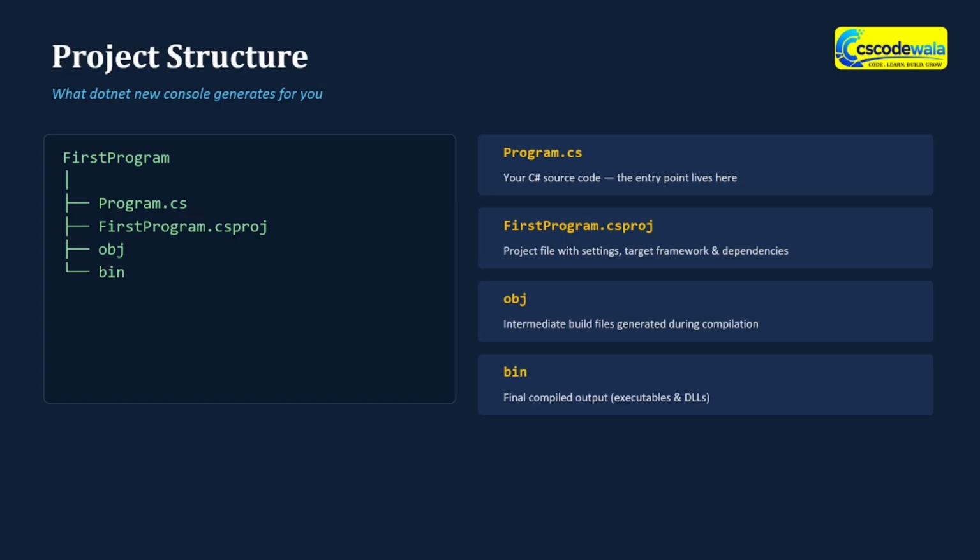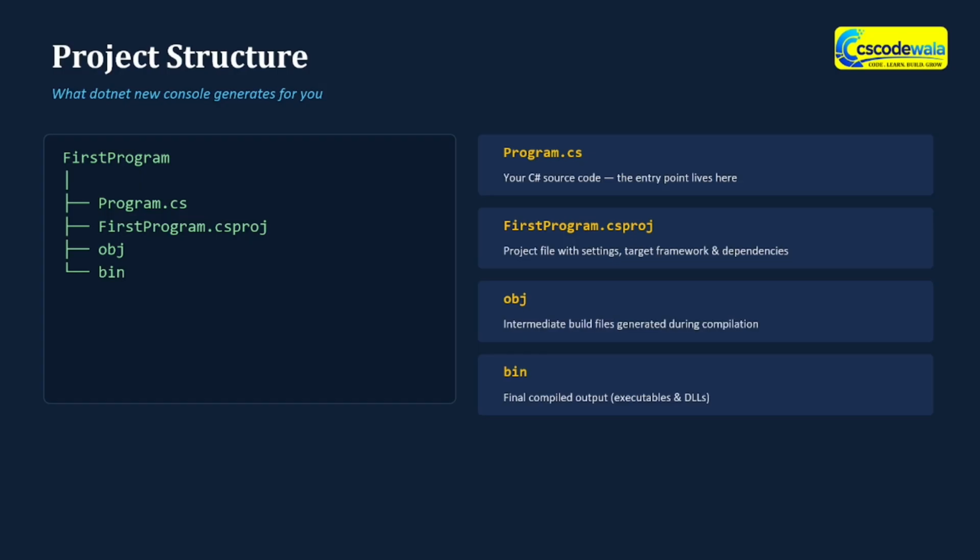So again we repeat it, the first file is Program.cs. This is where you will write most of your code. The execution of the program starts here.